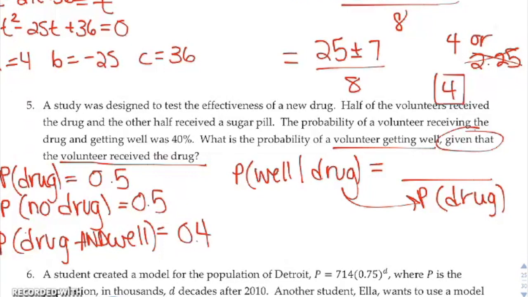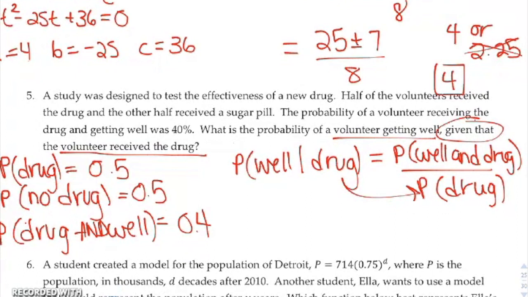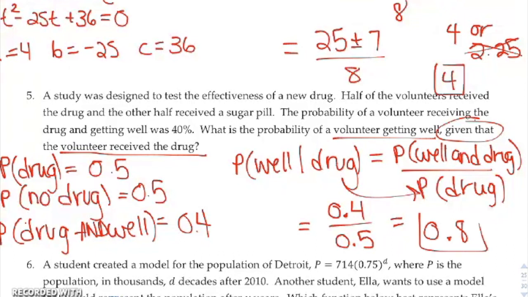Now, of those people, you want to know how many people were well and got the drug, because they had to have gotten the drug, right? So this is really 0.5, or half the people got the drug, and 0.4 got the drug and got well. And so that probability in general is 0.8.